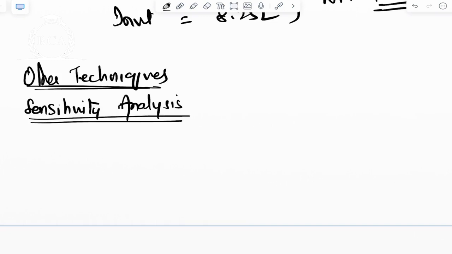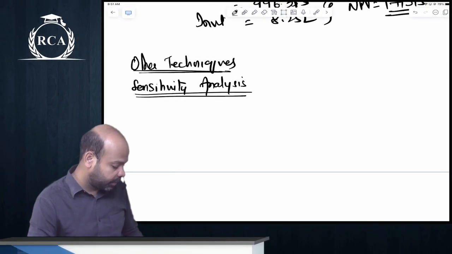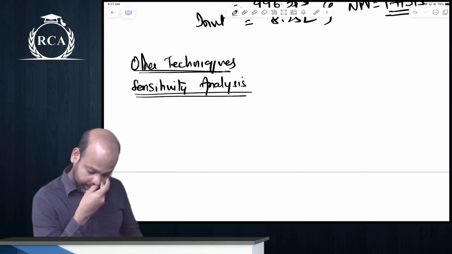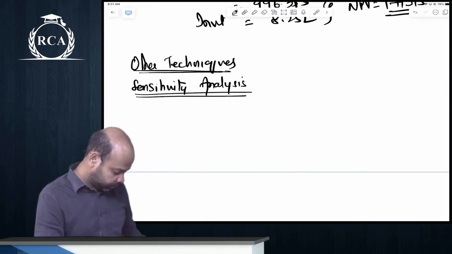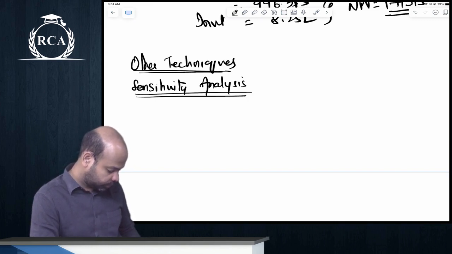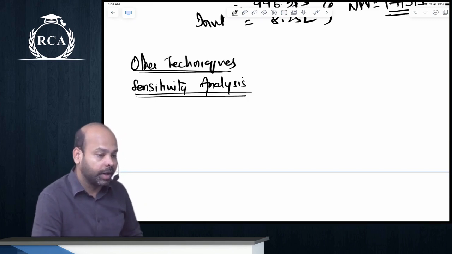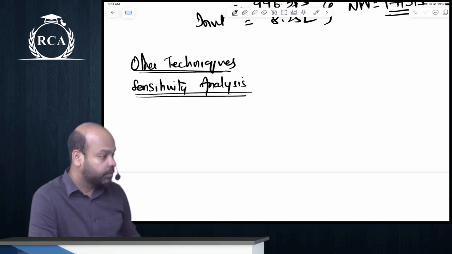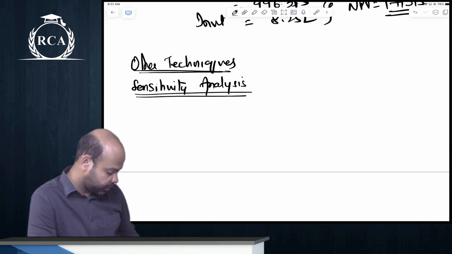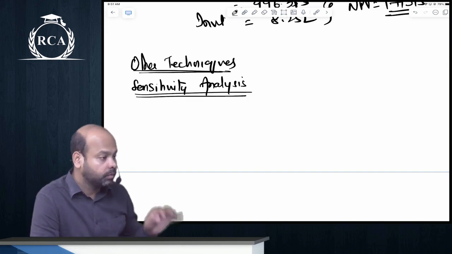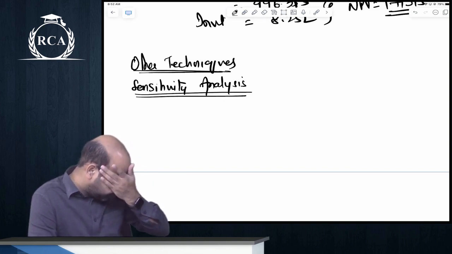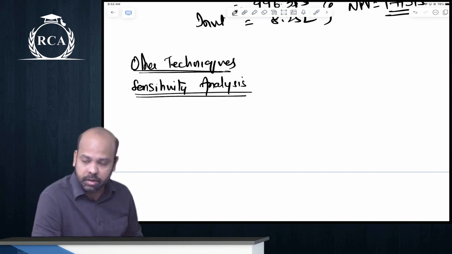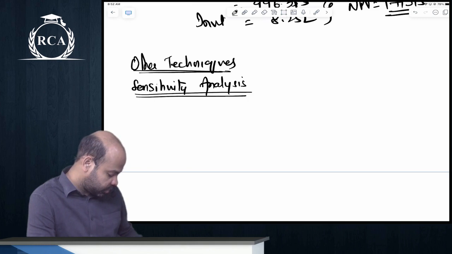We will have to make an estimate of sales volume, selling price, variable cost, fixed cost, life of the project, cost of capital, initial investment.